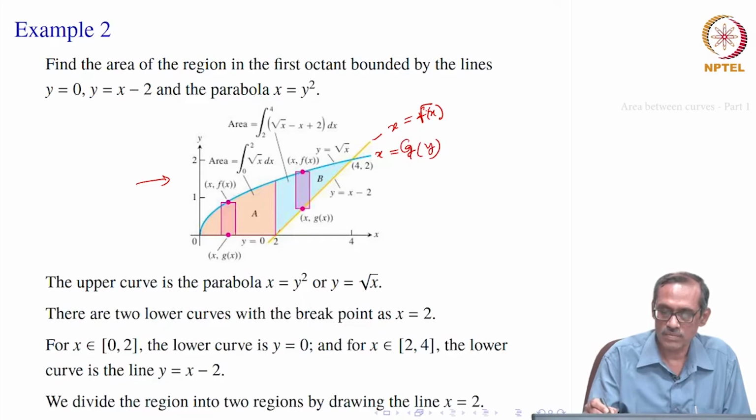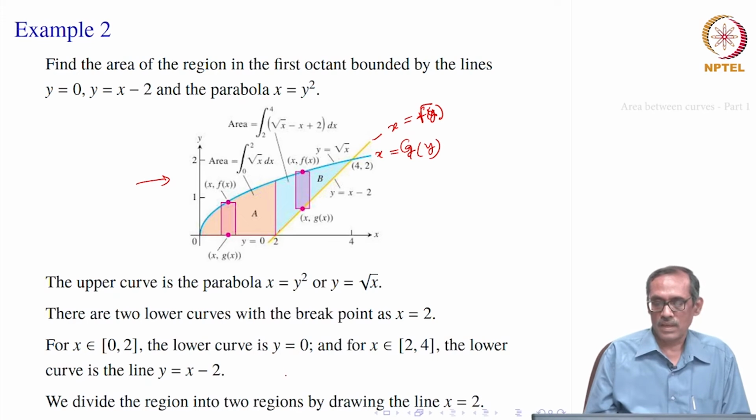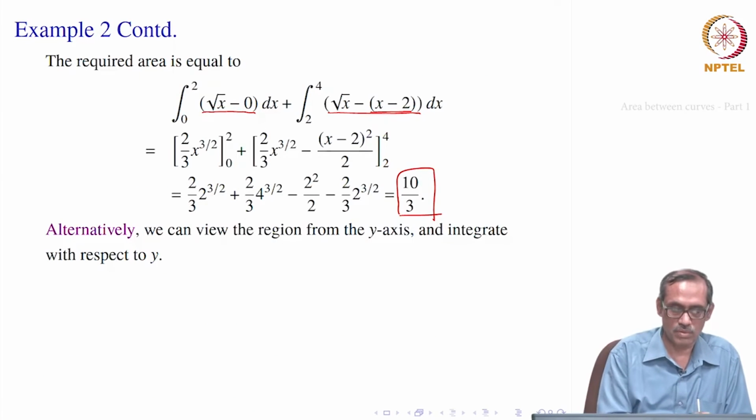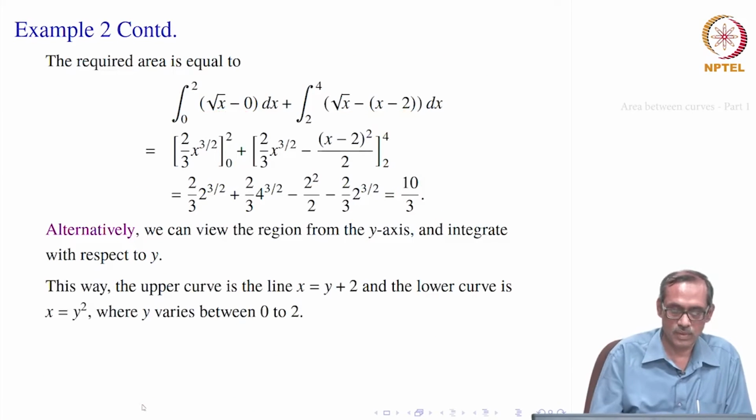So, let us write g of y. So, you see that this is lying on this side. If you look from the y axis side, the yellow one is on top of the blue one. So, the whole region can be thought of as integrating with respect to y, and that will be the integral of g of y minus f of y, right. So, that is what we do in the alternative way.